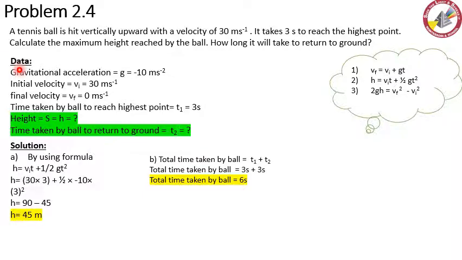So the given data is: acceleration is minus 10 meters per second squared, because the ball is moving upward. Initial velocity is 30 meters per second. The final velocity is 0 because at the highest point the body stops, so its velocity becomes 0. And the time taken by the ball in reaching the highest point is 3 seconds.